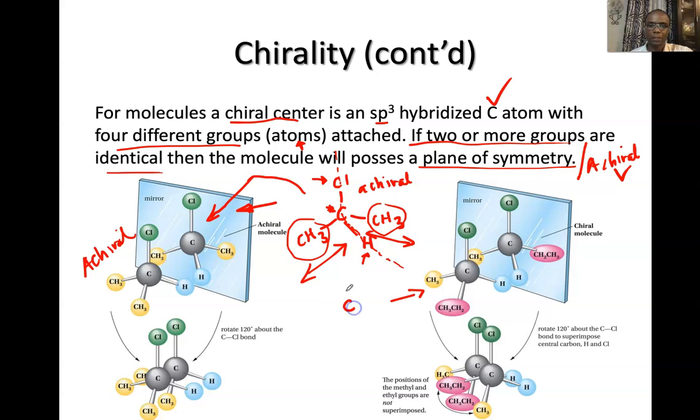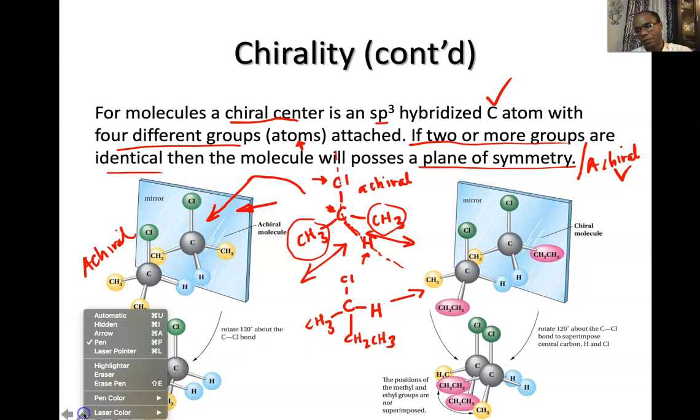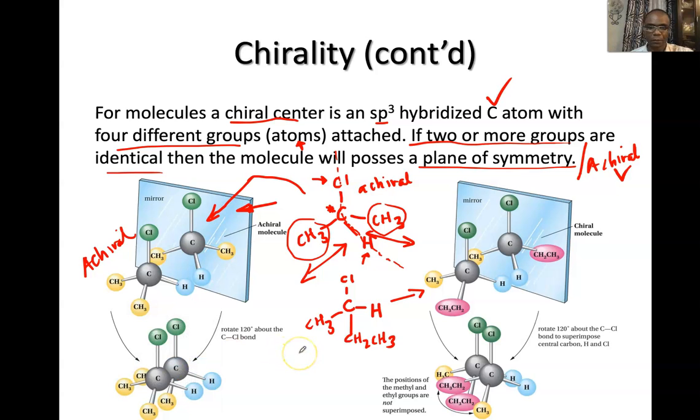Now, what about what we have here? So this time we have a carbon, we have a chlorine, we have a CH3, we have an ethyl, ethyl is CH2CH3, and then we have what? A hydrogen. I'm going to pick a different color pen so I can circle things. So chlorine is different from hydrogen.